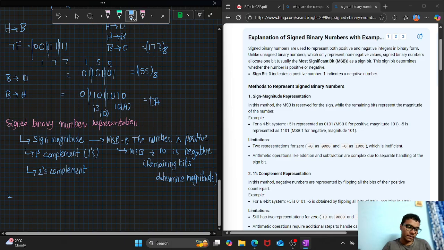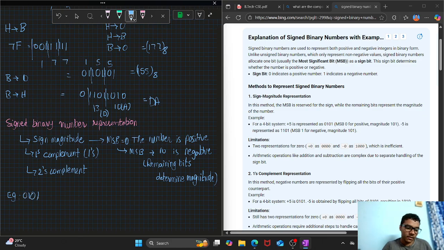Let's look at an example, right? Let's say you got 0101. Leave this MSB. This MSB means it is positive, and look at the remaining magnitude. 4 plus 1, that is 5. And now let's say you got 1101. Leave this 1. This means it is negative, and again 101 means 5. So that is negative 5.